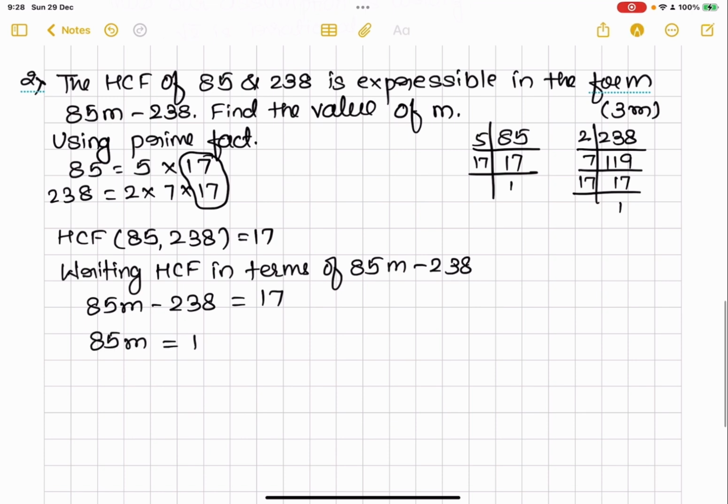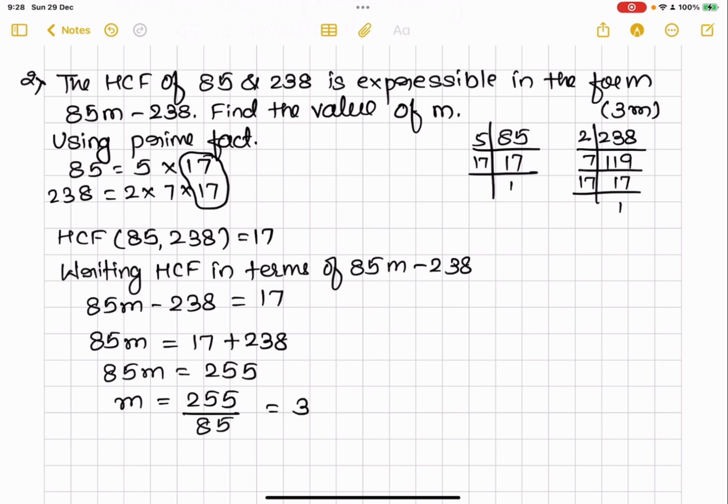So 85m equals 17 plus 238. So 85m equals 255. Now m will be equal to 255 upon 85. So that will be 3. Therefore m equals 3.